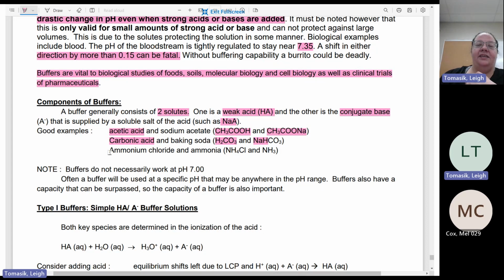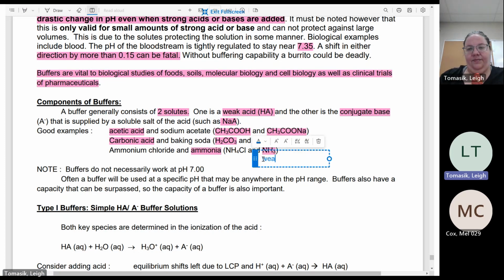Ammonia is a weak base, and ammonium chloride is its conjugate acid.